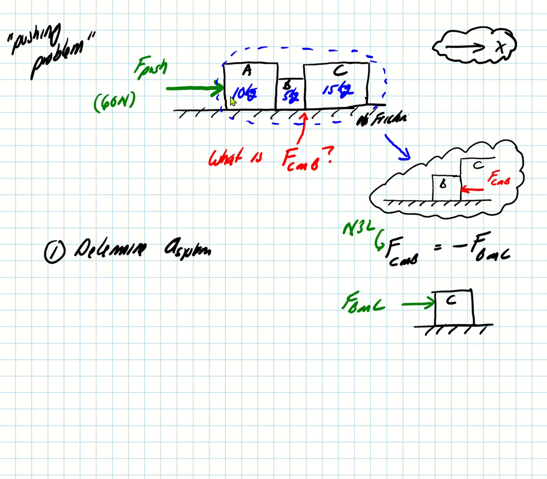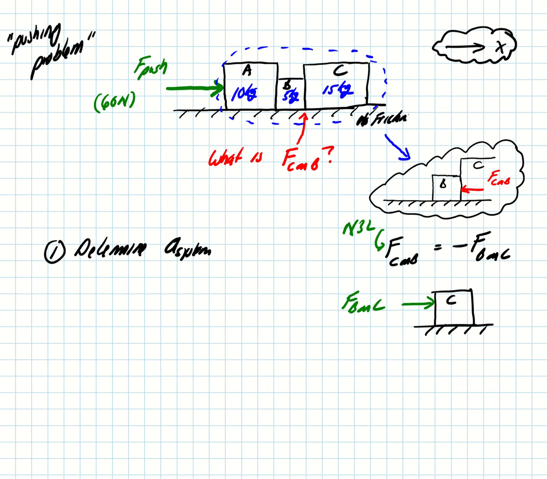And the total mass is going to be, 15 plus this, 30 kilograms of mass being pushed on by 60 newtons of force. And we want to know what the acceleration of this system of boxes is given this outside force. When we're doing that, we completely ignore what's happening between the boxes.